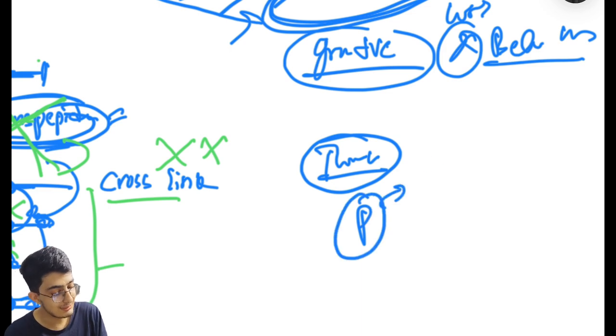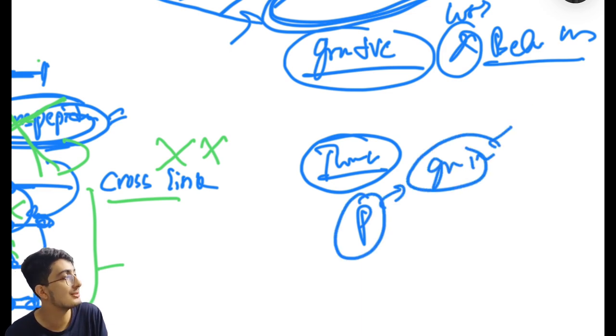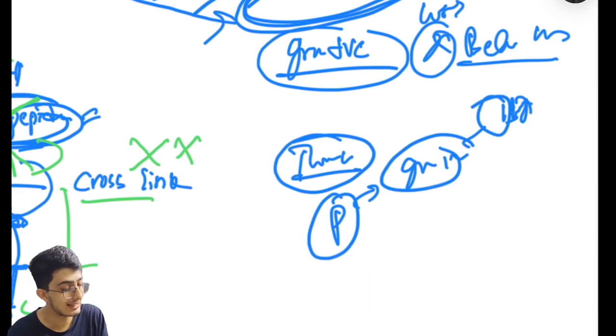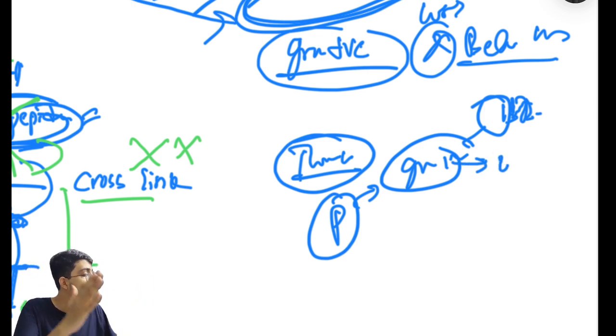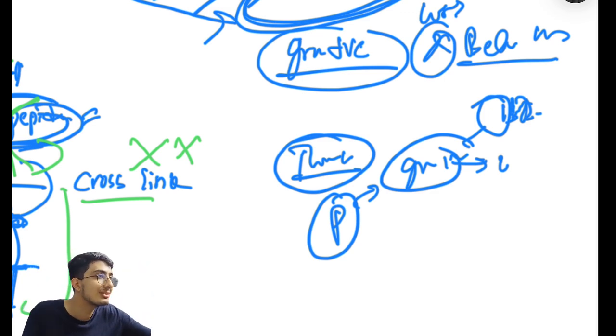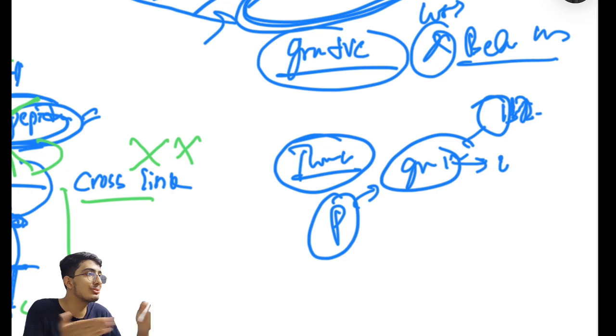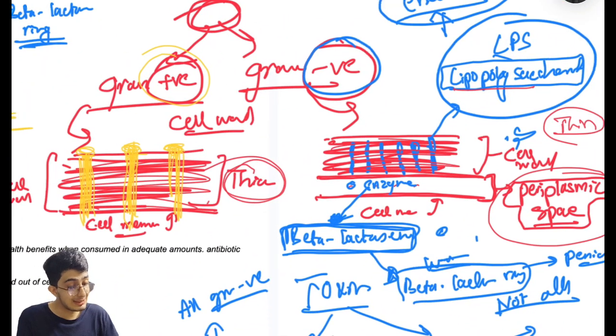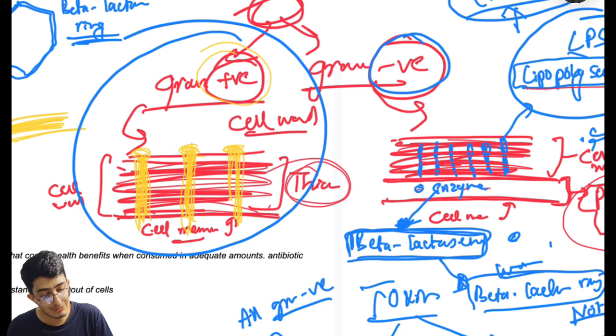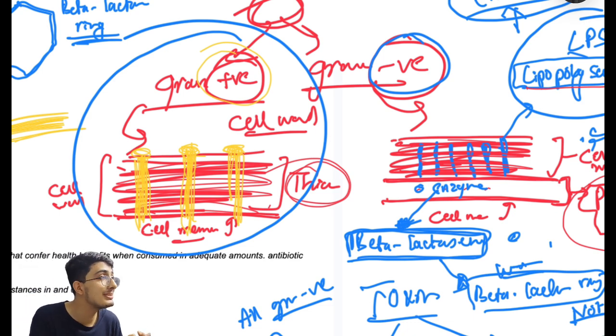So penicillin works more on gram positive organisms because, A, they don't have the beta lactamase enzyme, and second, their cell walls are thicker. More cell wall means penicillin has more to work on, as opposed to gram negative, which already have a thinner cell wall, so they don't have much to work on anyway. You can think of it like that, okay? But in an ideal world, as he said, all gram positive organisms should be sensitive to penicillin.